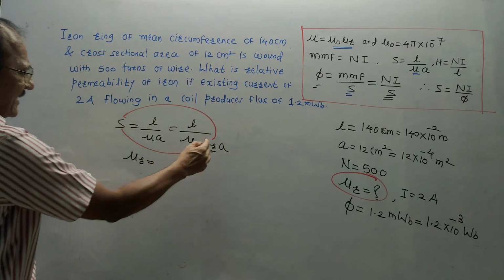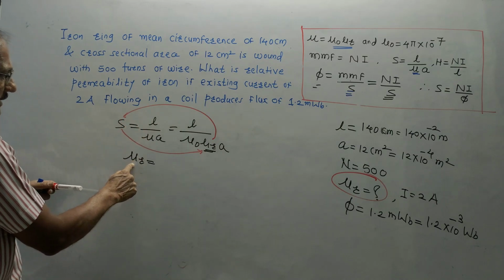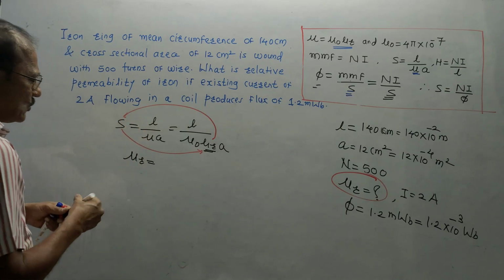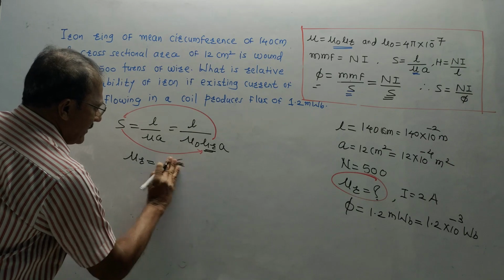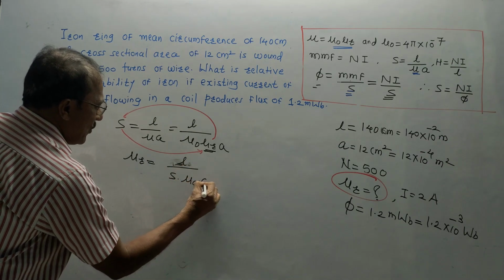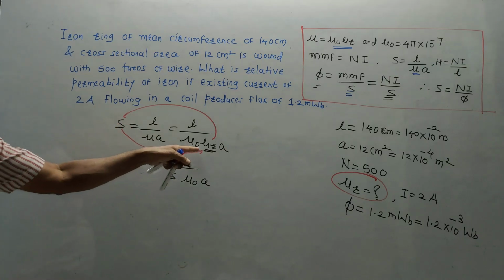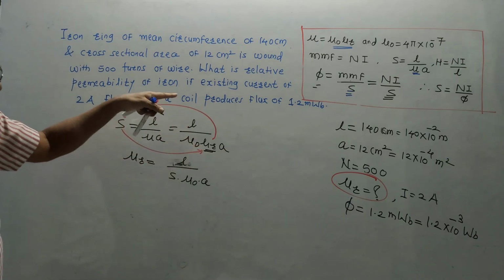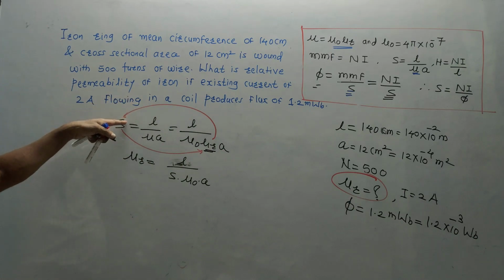So simply I can write, if mu r is transferred at the LHS, it becomes mu r is equal to L upon S into mu 0 into A. What I did, this S I have transferred here and mu r is transferred at the LHS.